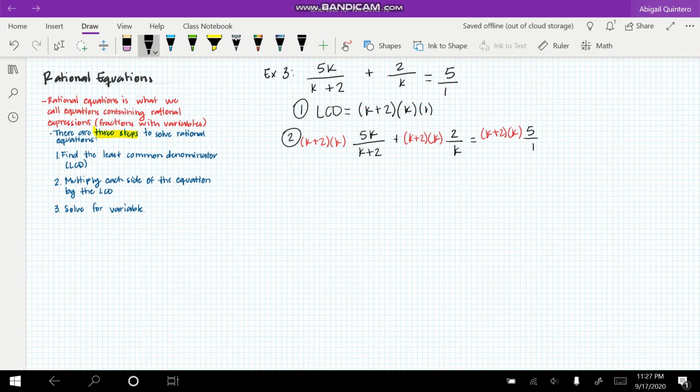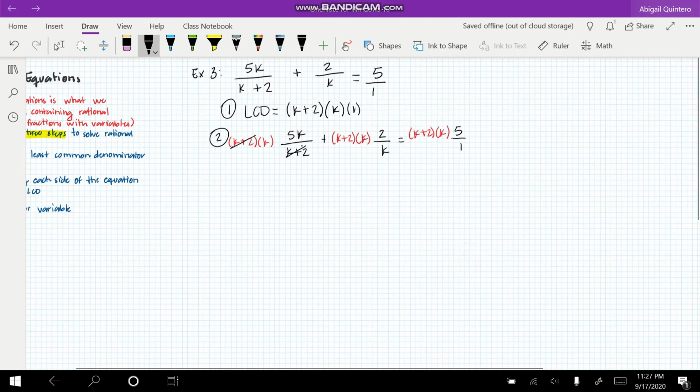We get rid of those denominators if we see the same value as the denominator coming up in that LCD, right? So for instance, on the first one we have a k plus 2 and then k plus 2, so these two are going to cancel out. In the middle one we have a k and k, so that is also going to cancel out.